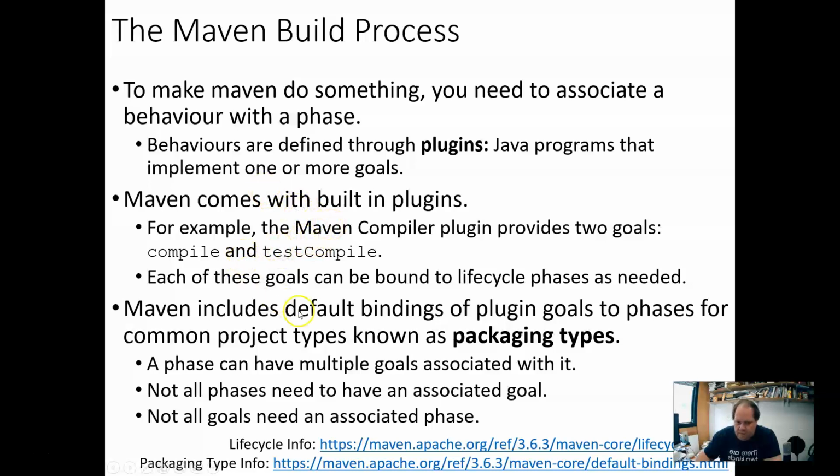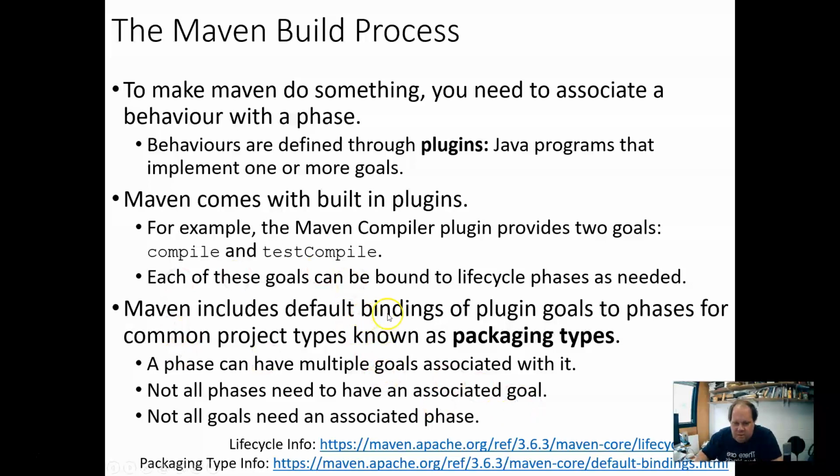So here we see that a single plugin can have multiple goals, and those goals can be associated with different phases. So the link between phases and plugins, between steps and behavior that you can execute at different steps, is defined at the level of the goal, not the plugin. The plugin is a container for multiple goals.